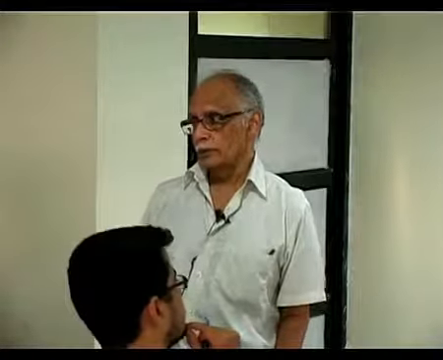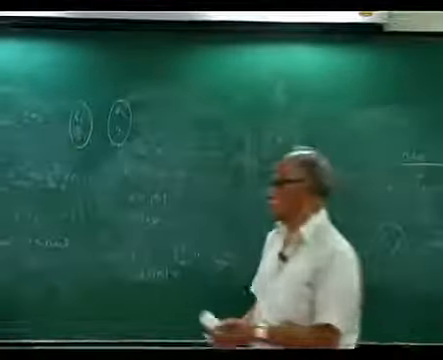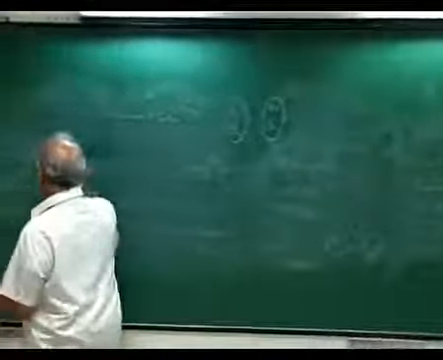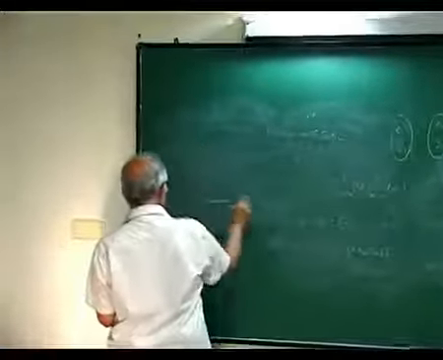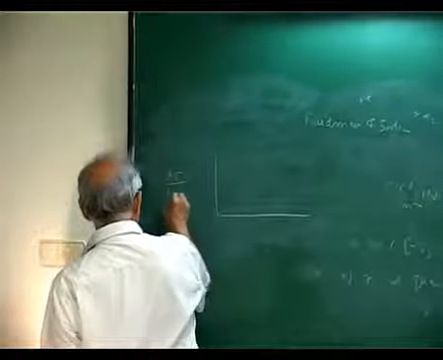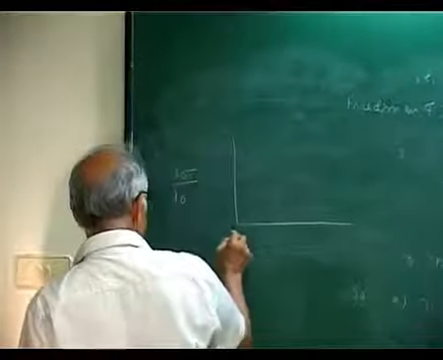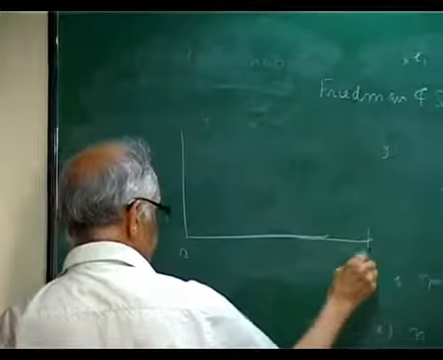Now I want to finish by noticing the following fact. Next Monday I will do Chern-Simons. So I want to finish this, but I want to show you this thing, that if I plot the differential cross section, this is theta, this is 0, the forward direction, and you go to the backward direction.